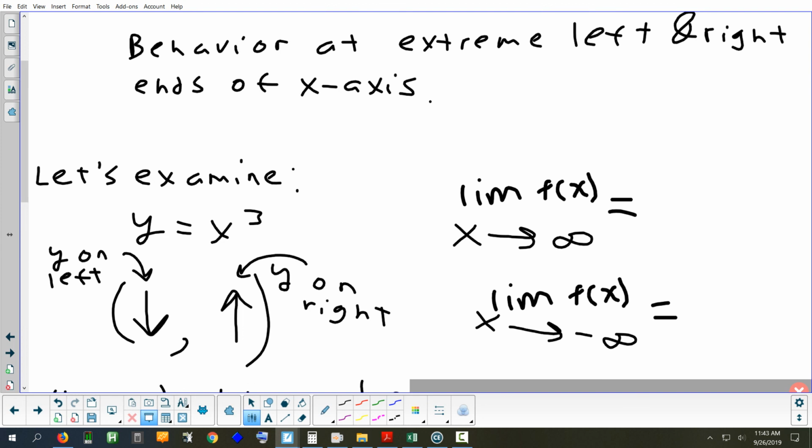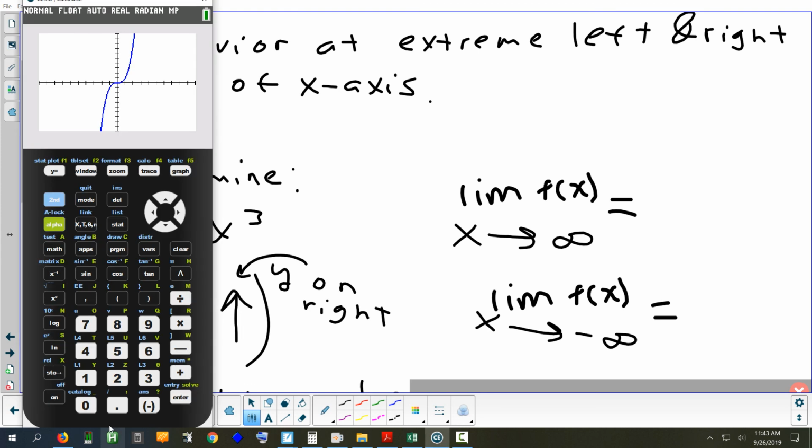I'm going to do the bottom one first, just because I already asked you guys that one. As you head further and further left, as x approaches negative infinity, the question is, what is happening to your y value? What's the y value approaching on this graph as you head further and further left?